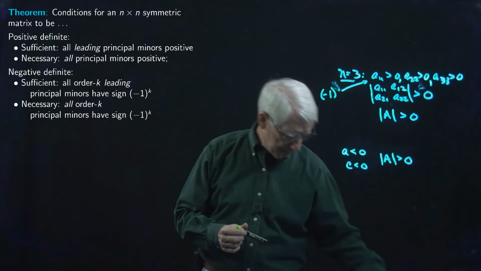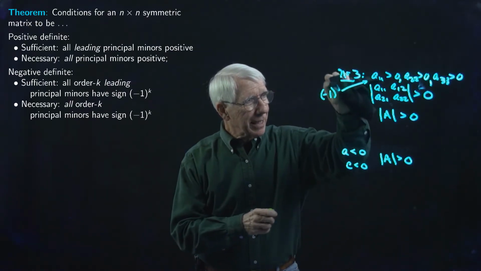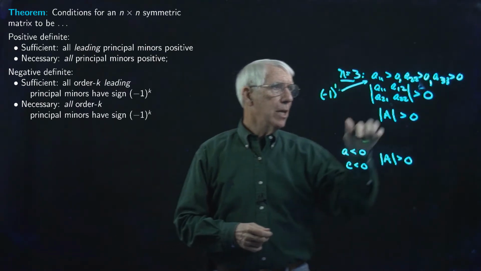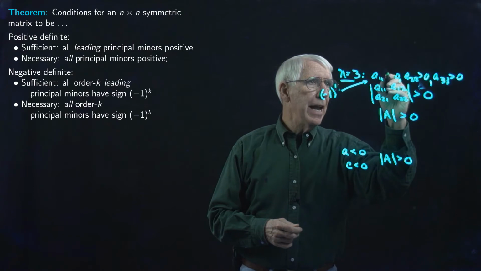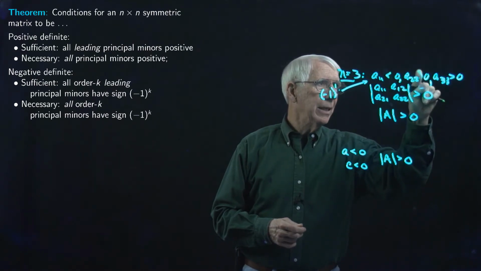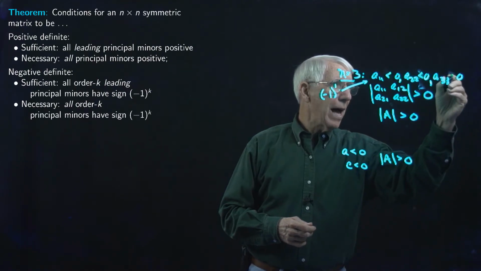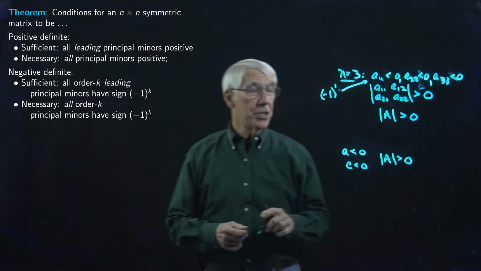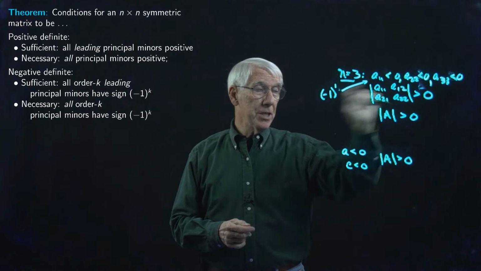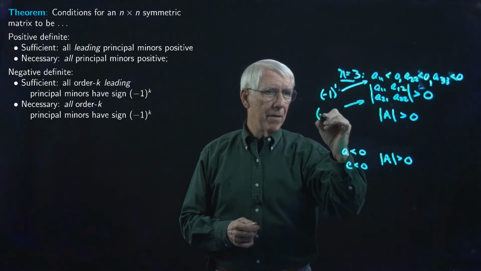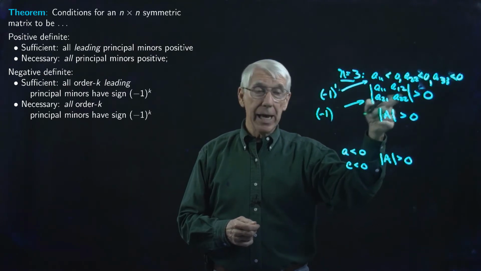So let's just make that a 1 here. That's kind of a little bit of a mess. So let's take this to it, which is just -1. So that means that this has to be negative, this has to be negative, and this has to be negative. That would be necessary, but of course sufficient is just that this is negative. Then this has to be positive because here I have -1 to the k, and k is 2.